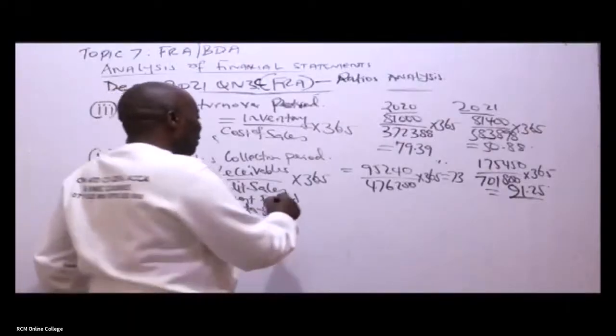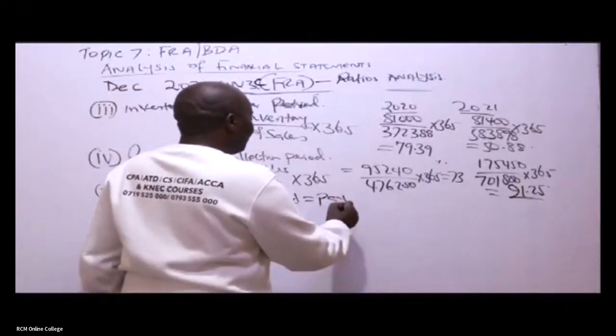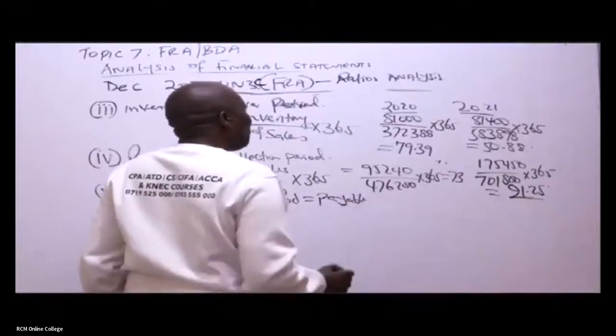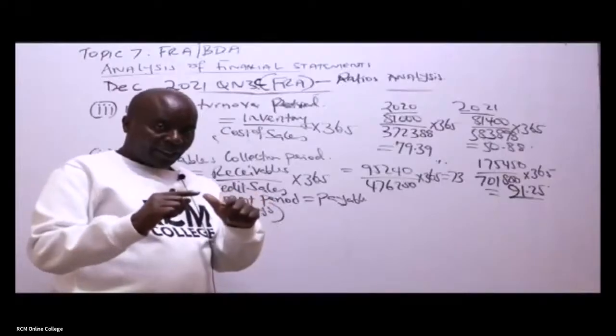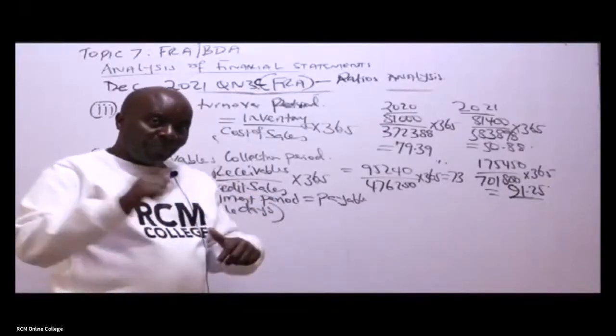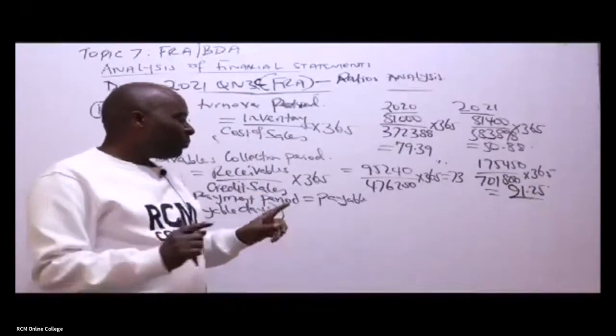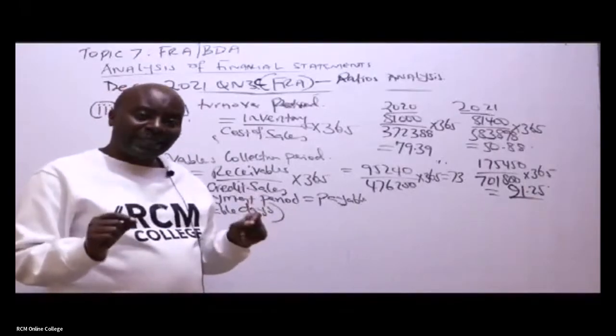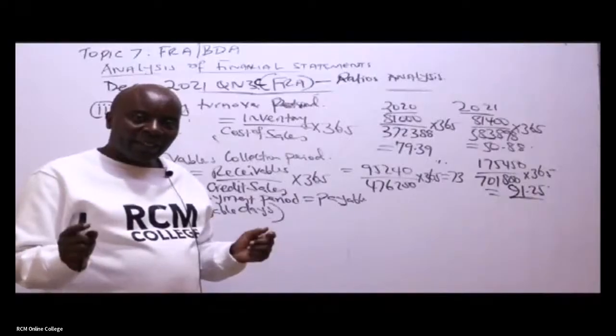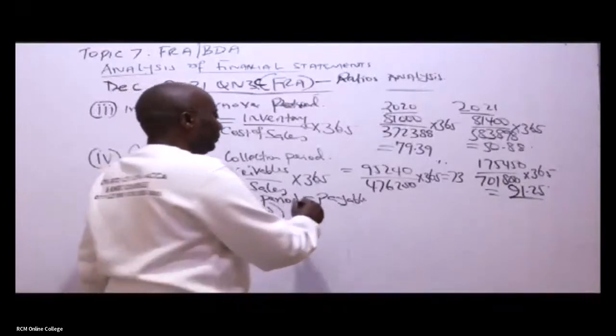So here I will take the payables. For payables, we purchase, then we pay later. So these payables must be compared to the purchases, not cash purchases, the credit purchases.